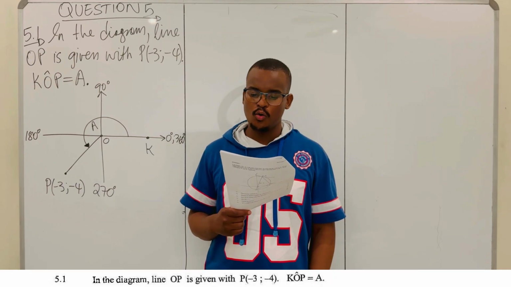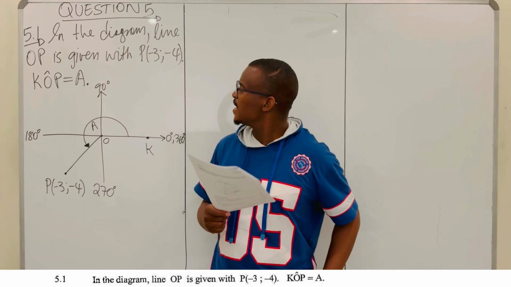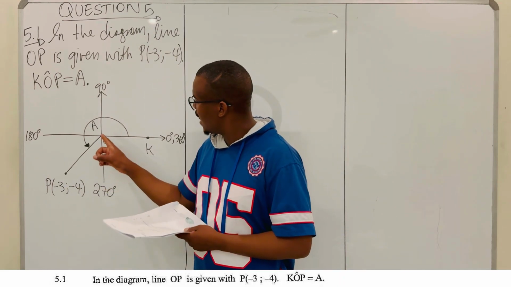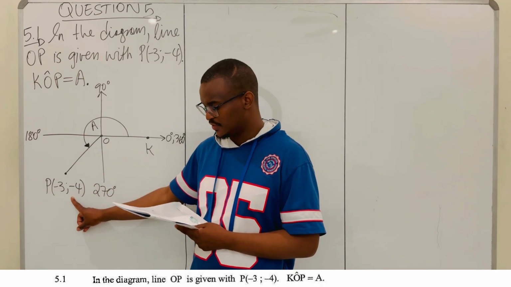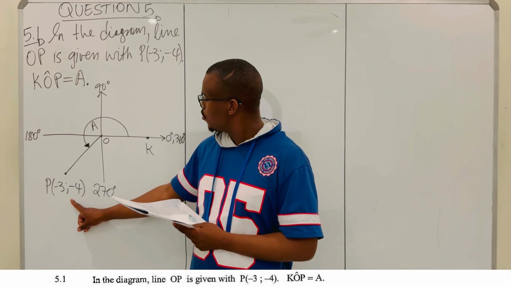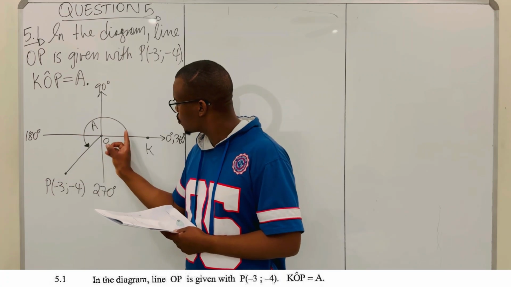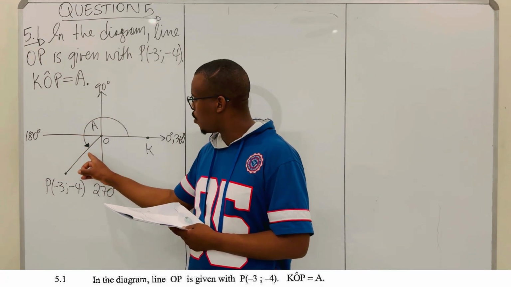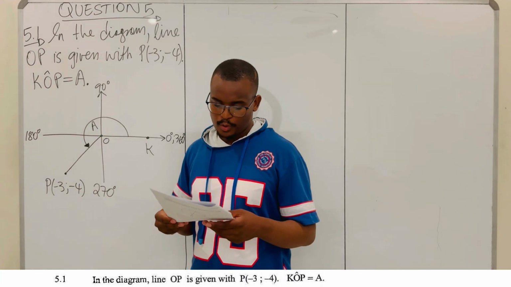They are saying angle KOP, which is between KO and OP, is equal to A. So here you are given in this diagram the line OP, and you're told that the coordinates of P are (-3; -4). This angle here is A. So from the positive x-axis, anti-clockwise to OP, the measure of that angle is A. That's what they're saying. No problem.